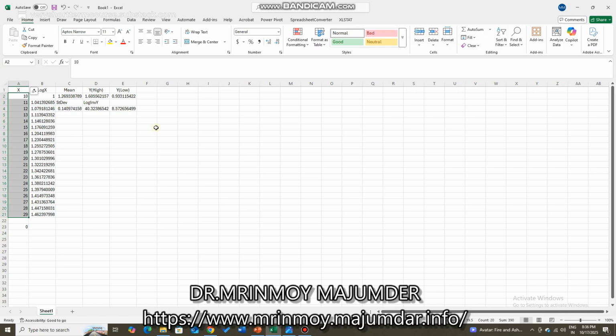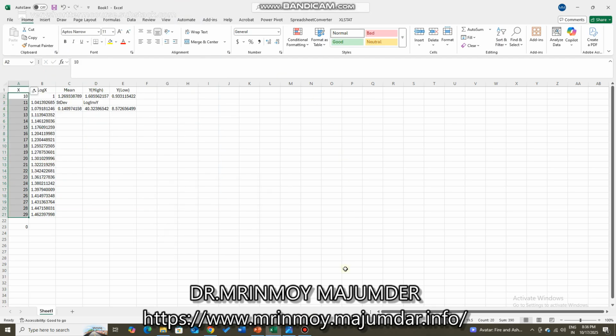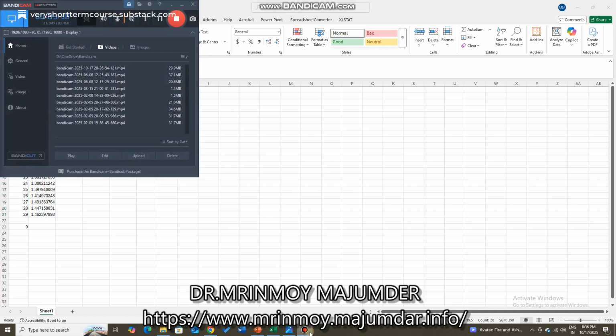If you find values like 42, 43, 44, they might be one of the extreme events among the entire data set. It may not be an outlier. It may be one of the peak events of the data set. So in that case, no need to delete those higher than 40. Just keep them as they are.